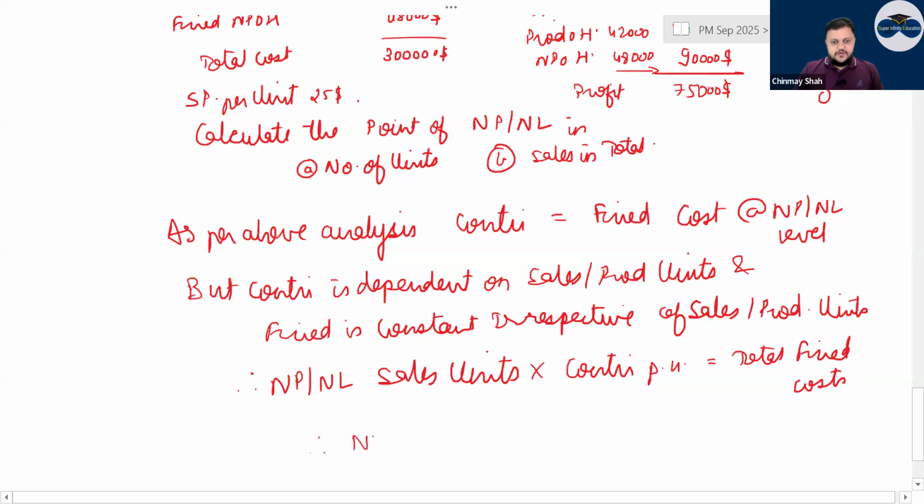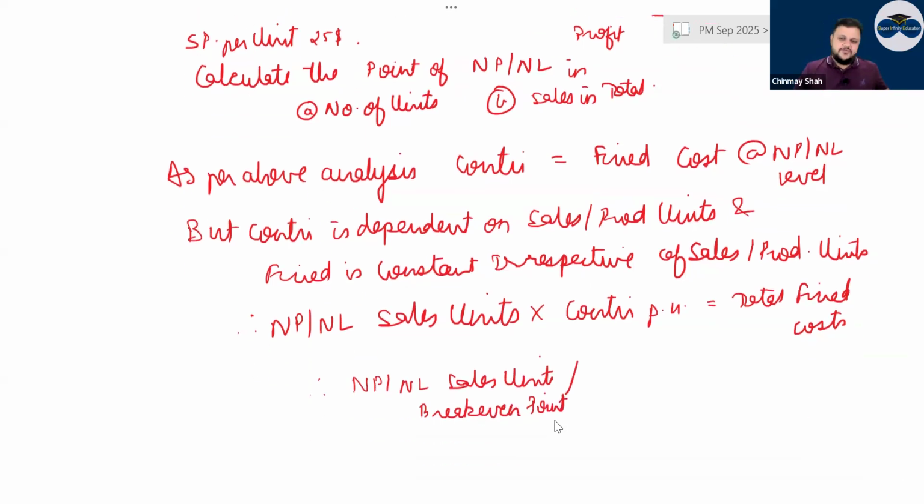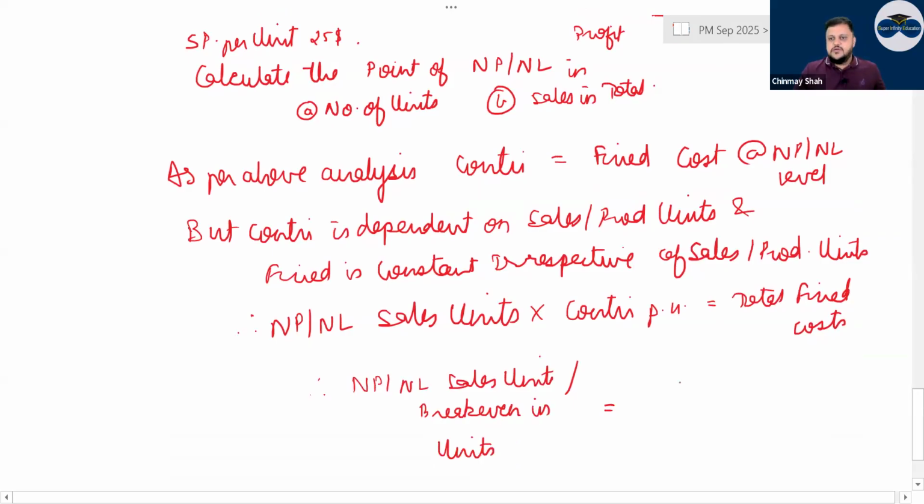Therefore, if I have to find the no profit, no loss sales units, also called as what? Break even point in units. What is the formula? Total fixed cost divided by what?